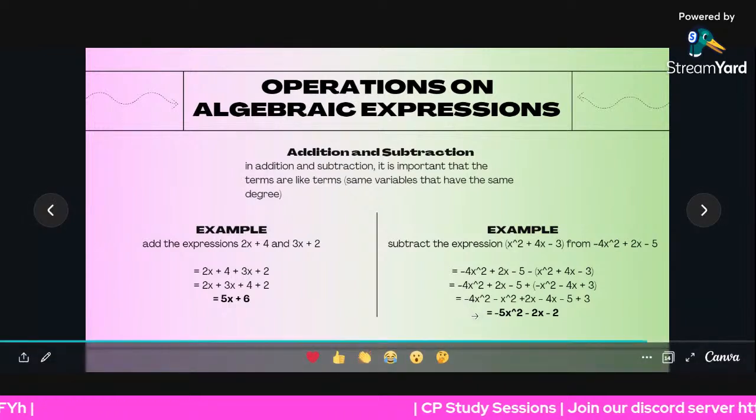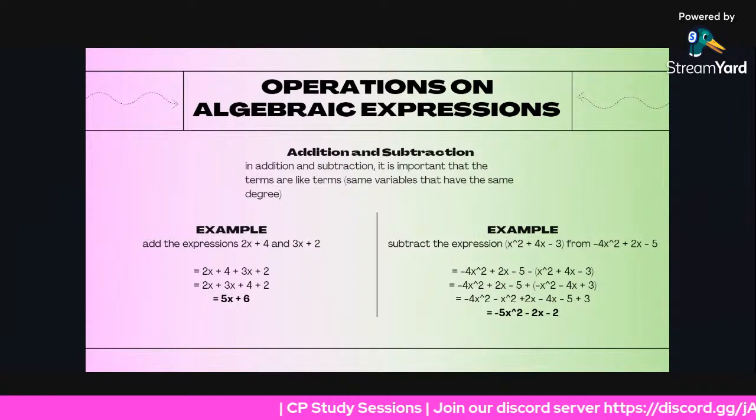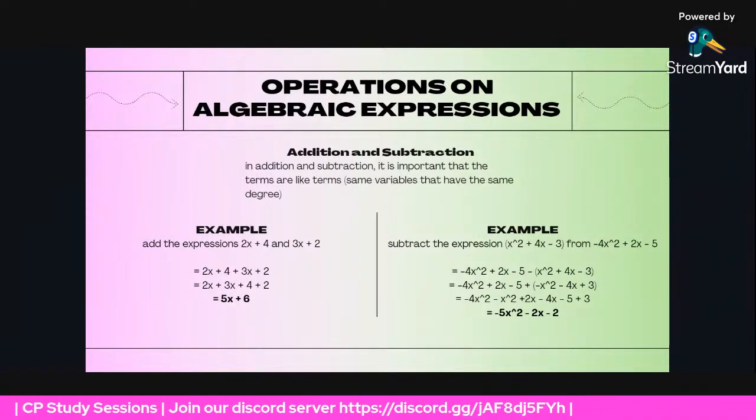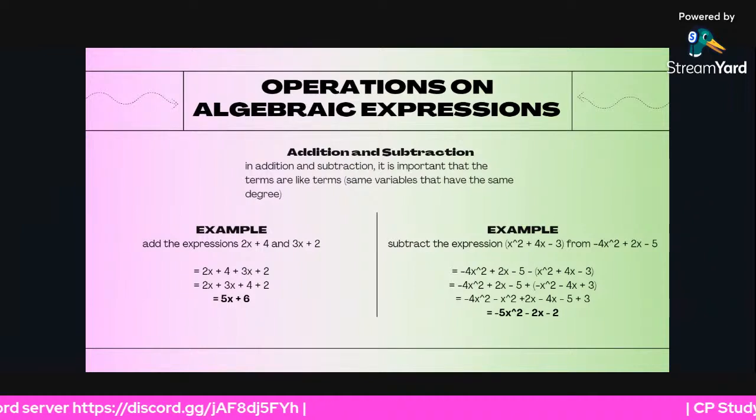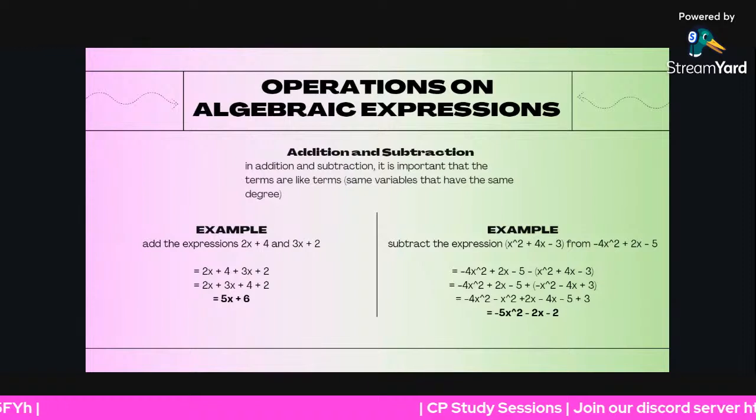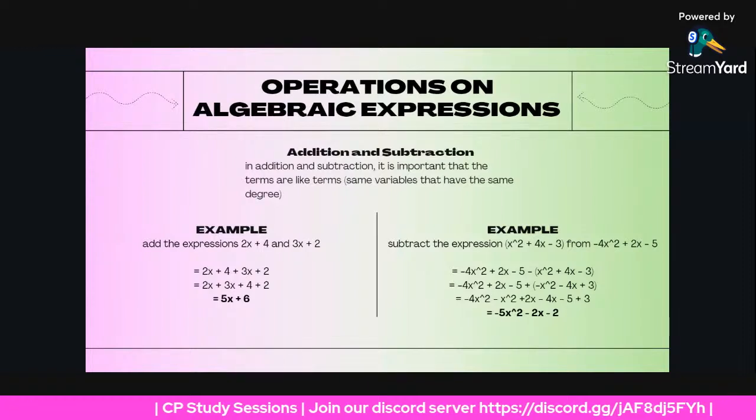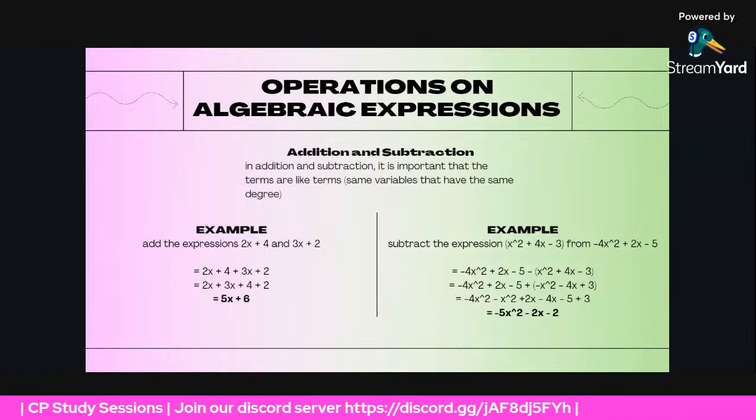So, bakit natin pinag-add? Kapag nagko-combine tayo ng like terms, kapag magkapareha sila ng sign, you can simply add it. And kapag magkaiba ng sign, then you will proceed to subtraction katulad ng ginagawa natin kanina.